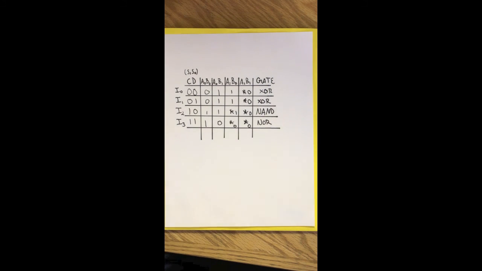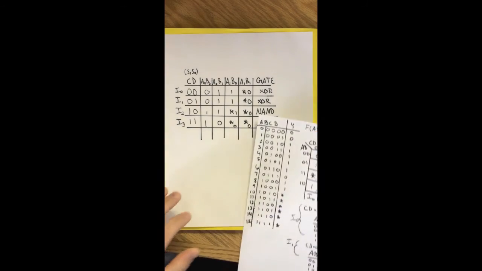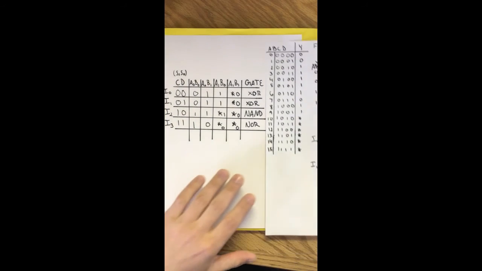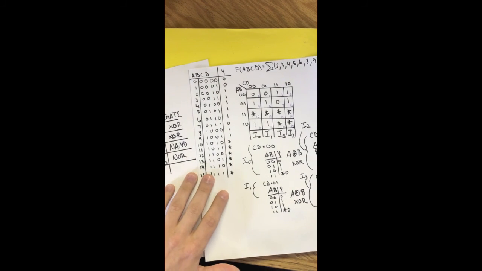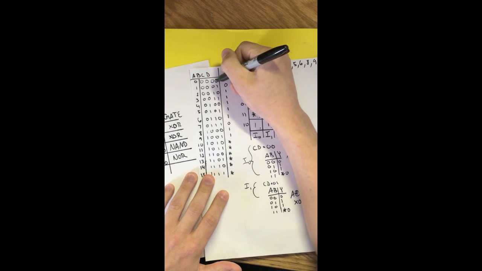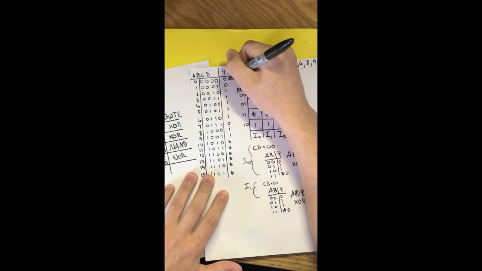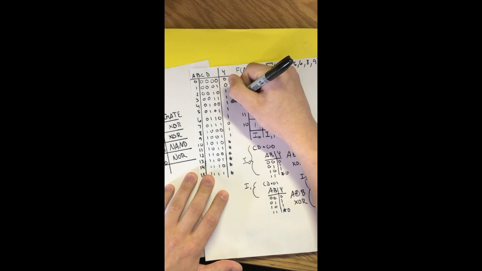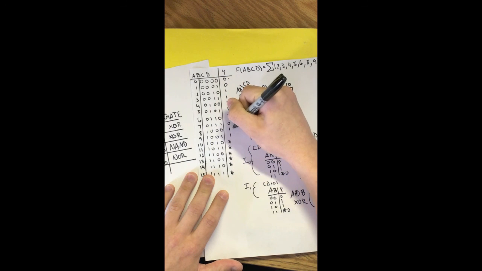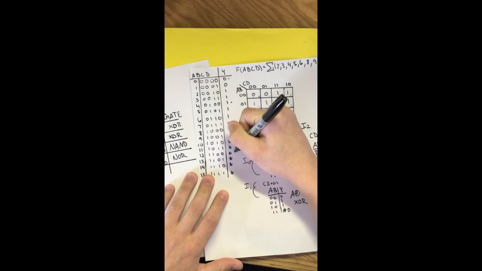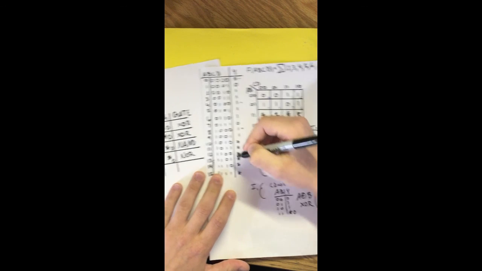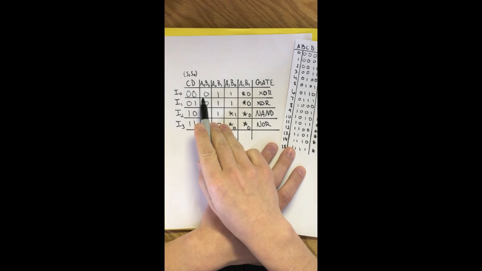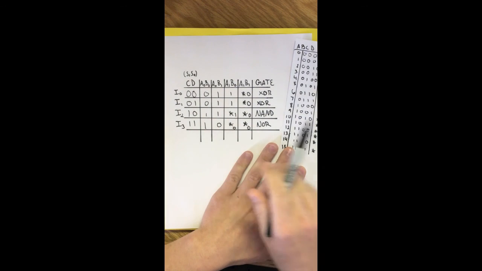Now, very briefly, I'm going to show you the correlation here. I0, when CD equals 0, 0, is 0, 1, 1, star.